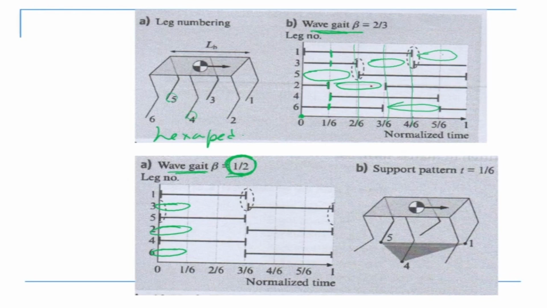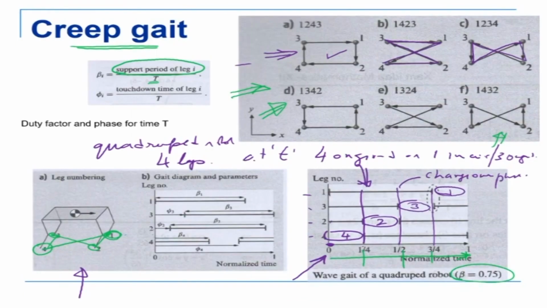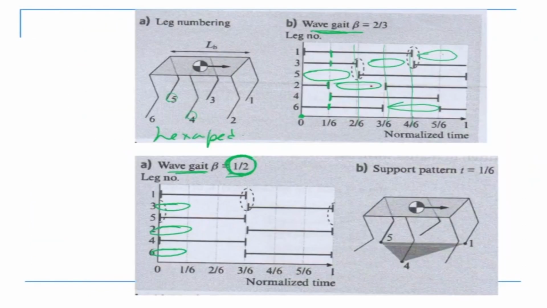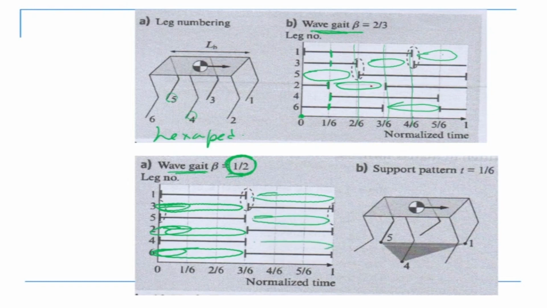Please go back to the definition of support period of leg i by time t. That is the meaning of the duty factor. Here this leg is fully in air for half the time, then the other half of the time this one is in air. And there are 6 legs, so there are 6 parts: 1, 2, 3, 4, 5, and 6.